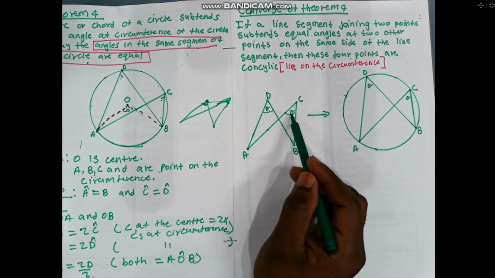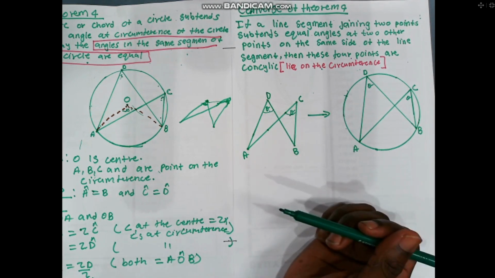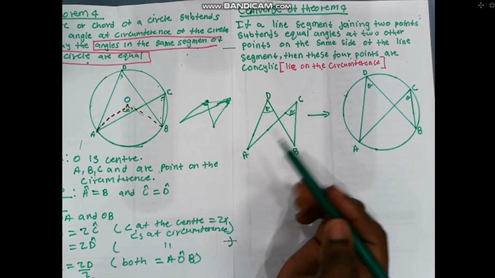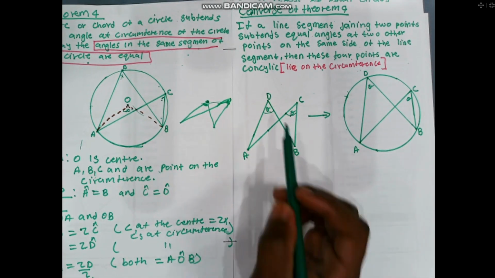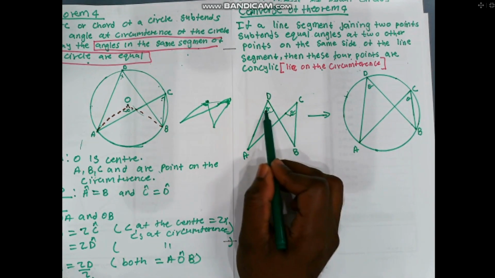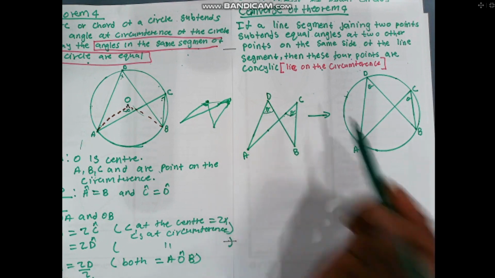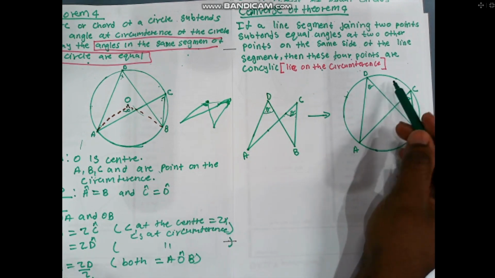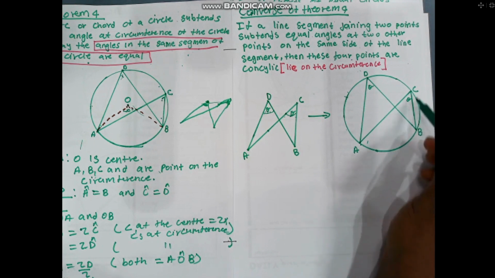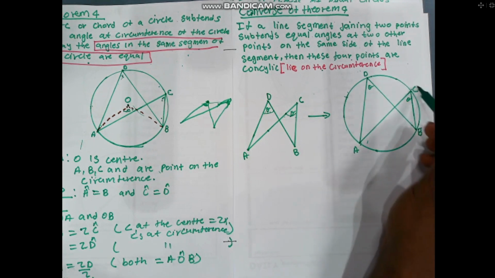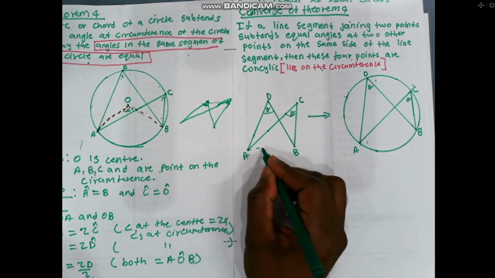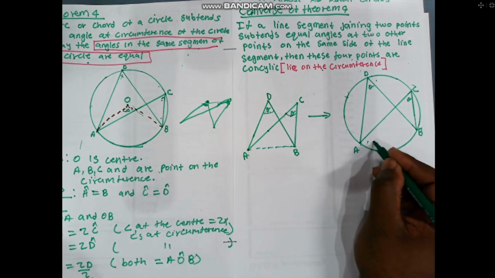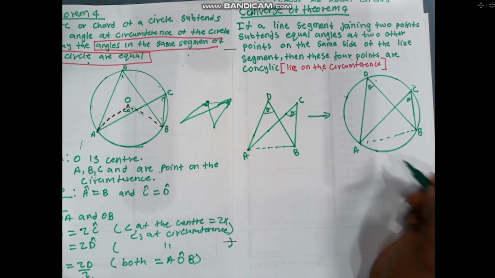If this angle is equal to this angle, you're going to prove it. Based on a question, not proving a theorem, but a question that says prove it's a cyclic quad. If you prove such angles are equal, therefore these 4 points form a cyclic quad.